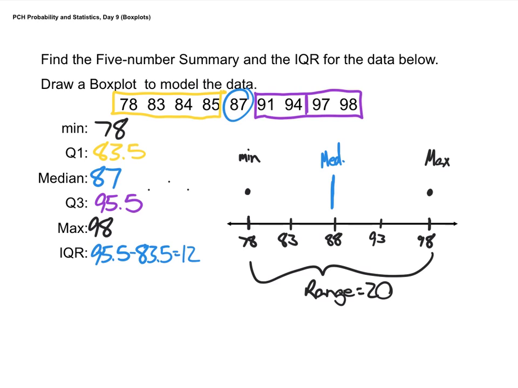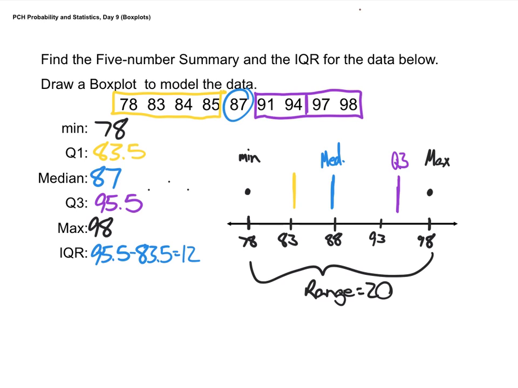That's going to be a little bit above 93, so maybe somewhere around there. That's Q3. Q1 is 83.5, so it's going to be right about here. And you guys don't have to color code it. I'm just doing that for kicks. All right, so now we have our graph.